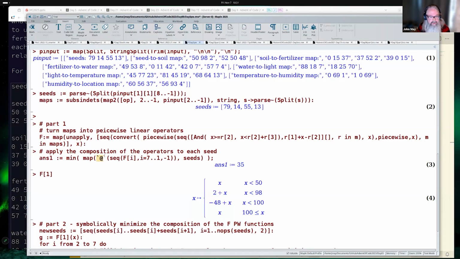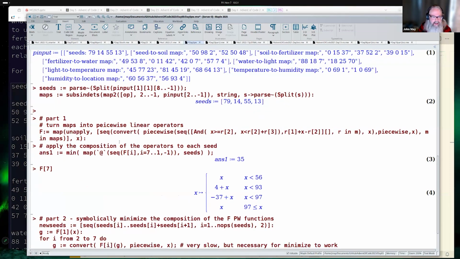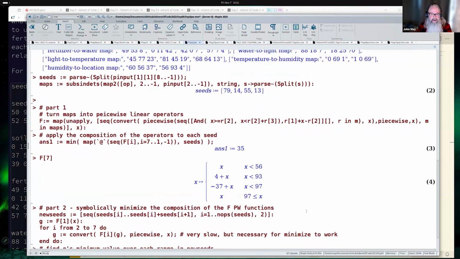I take the functional composition of these 7 piecewise functions, and then I map that over the seeds. So I apply the composition of all 7 piecewise functions to each of those seed numbers, and then I just want the minimum of those. So it's a very simple thing to do.